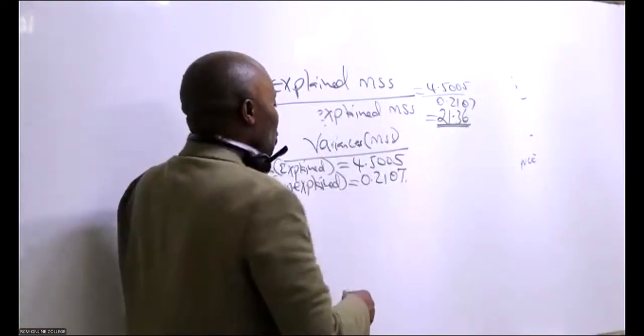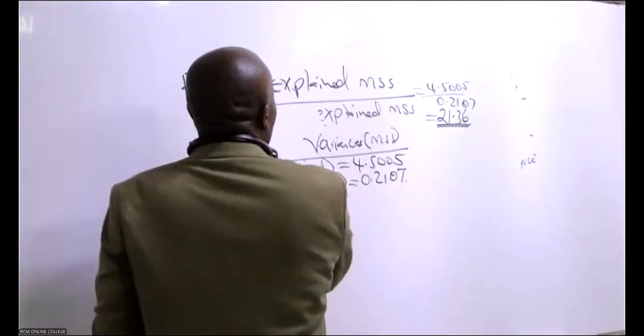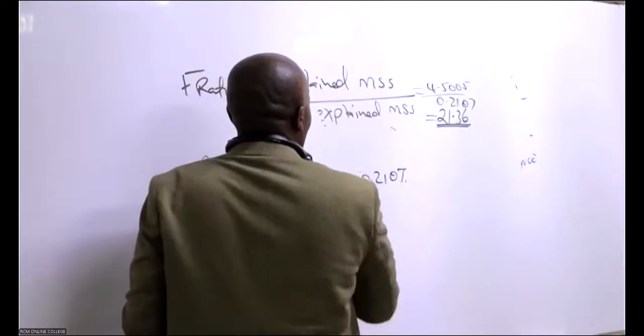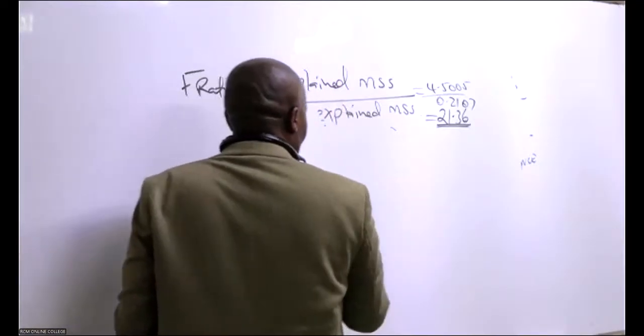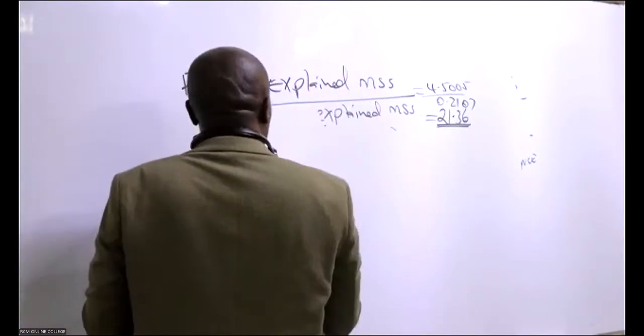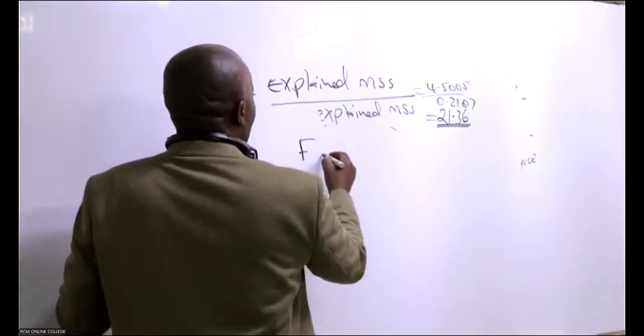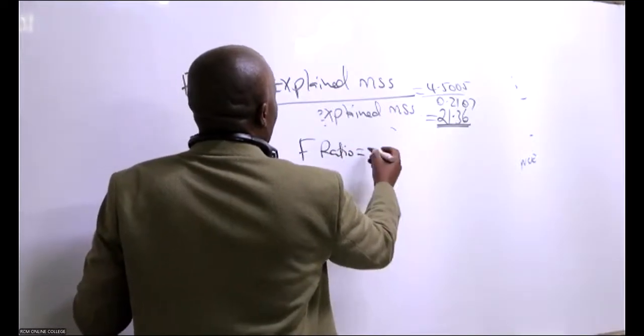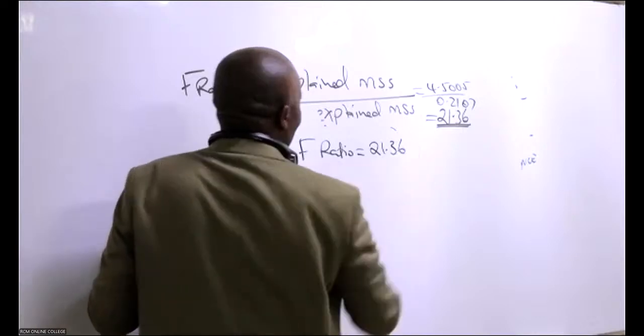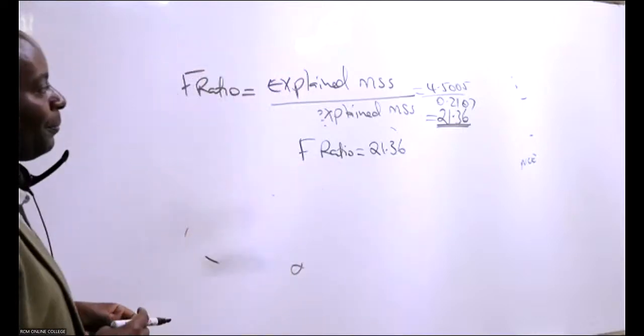At times you realize that an examiner comes and tells you that the F ratio, in this case, is 21.36. He gives you that.